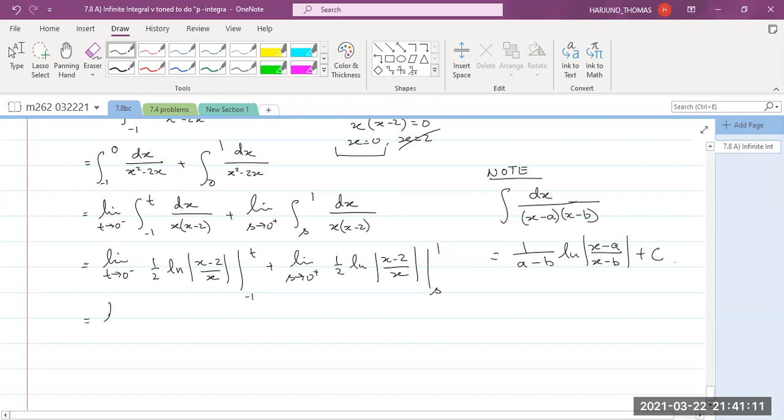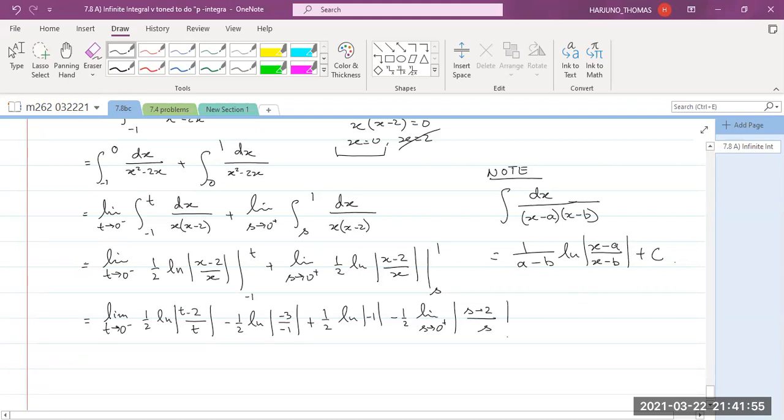So this is limit t goes to 0 from the left-hand side of 1/2 natural log of t minus 2 over t, minus 1/2 natural log of -3 over -1, plus 1/2 natural log of -1, minus 1/2 limit s goes to 0 positive of natural log of s minus 2 over s.